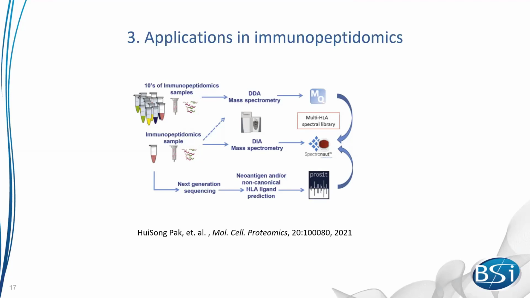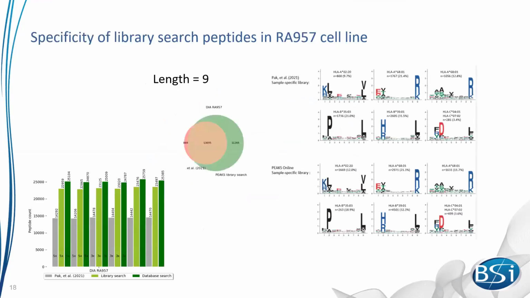We took this data set to see what we can get if we use our workflow. So we look at the library search. Here is the result. In the middle, you can see that we found many more peptides compared to the publication. On the bottom part, the gray line is the reported numbers in the publication, the dark green one is the database search, and in the middle is the spectral library search.